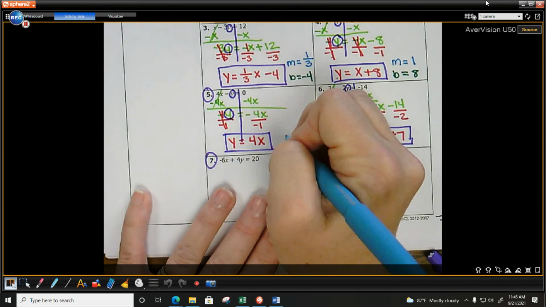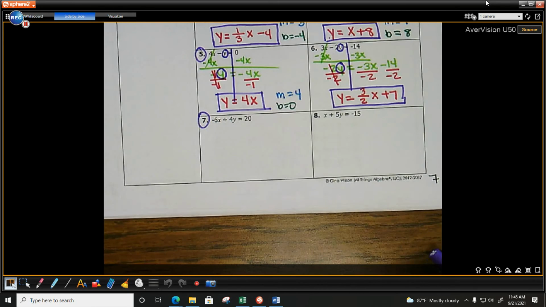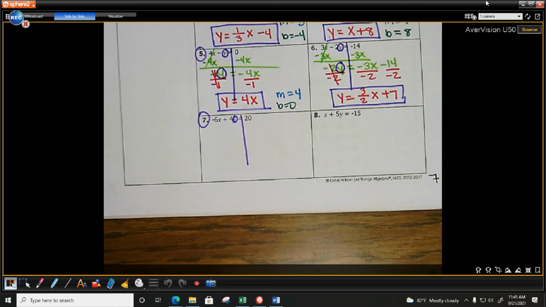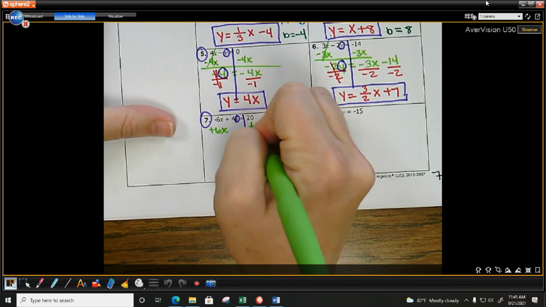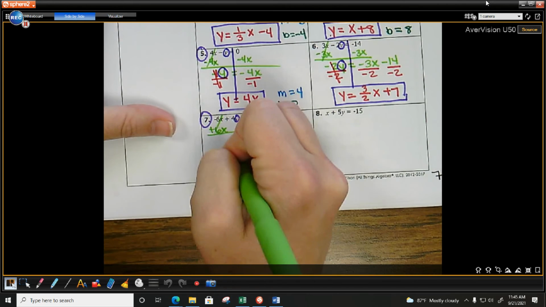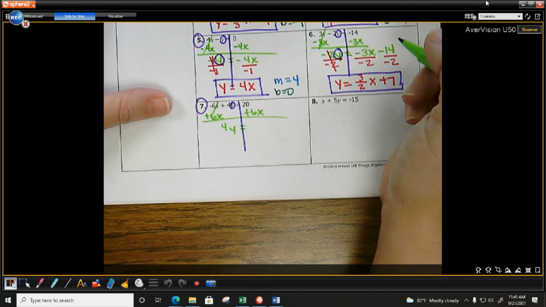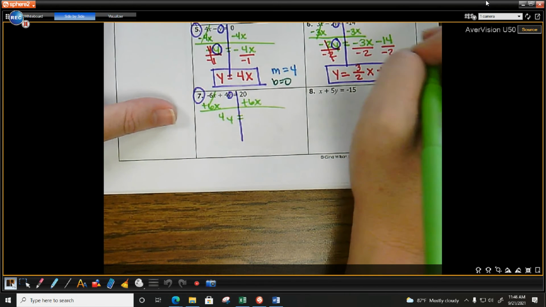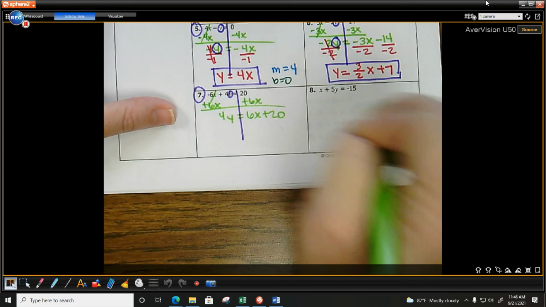Okay, let's look at number 7. Draw a line through the equals, circle y. What do I do first to get y by itself? Add 6x. And then I get 4y equals, can that become 26x? No, because they're not like terms. Which term do I put first, my 20 or my 6x? 6x plus 20. Circle your y. What do I do to get y by itself? Divide by 4.